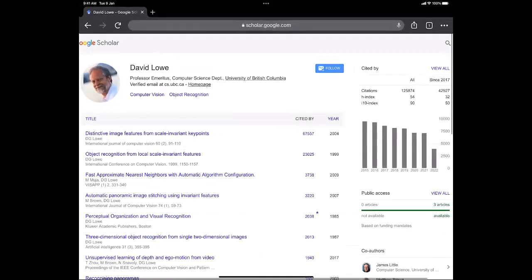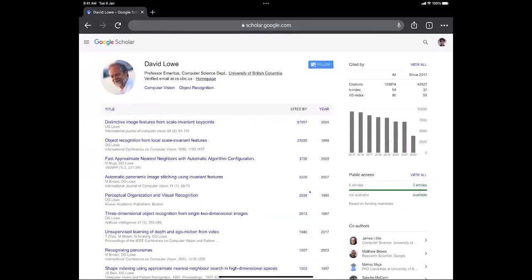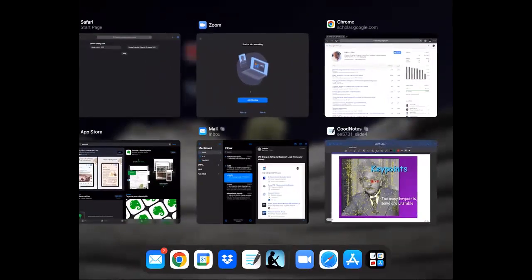This is cited 67,000 times. So it's a landmark paper. Even Viola-Jones is not reaching this number. Anyway, that's the first step, or the second step actually.